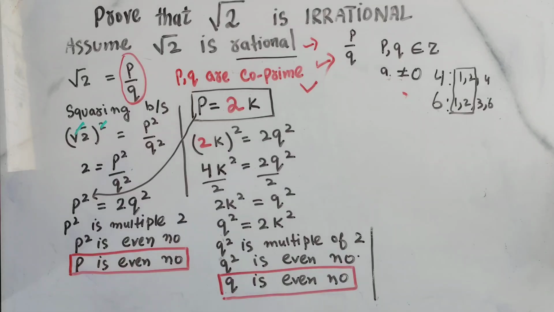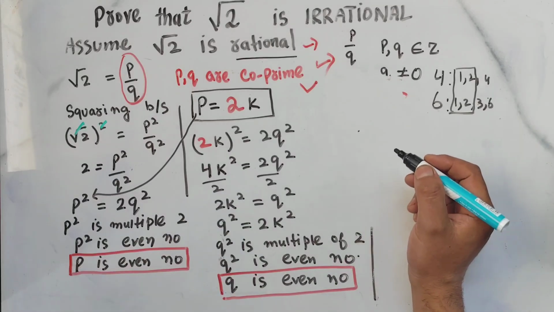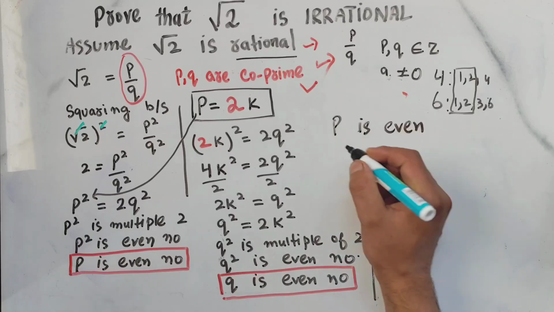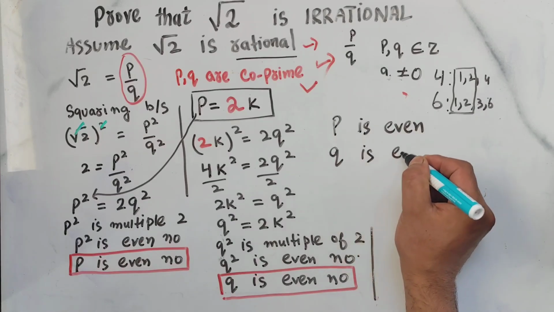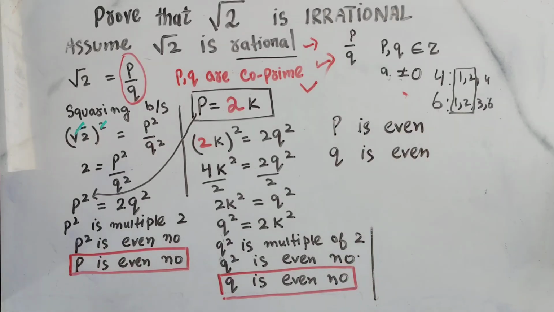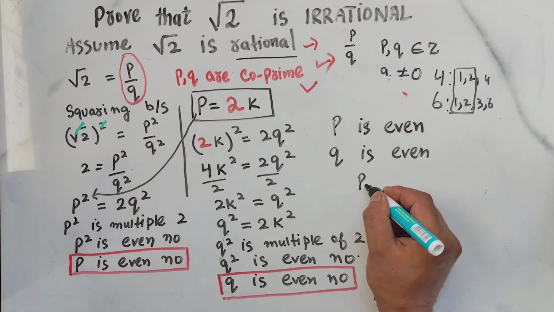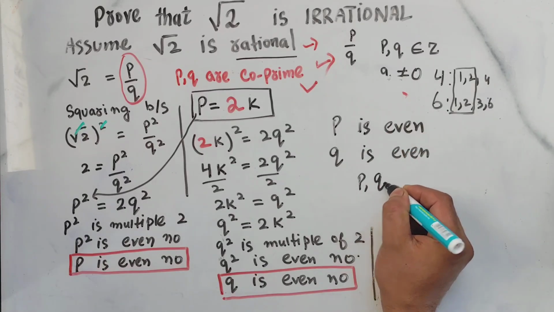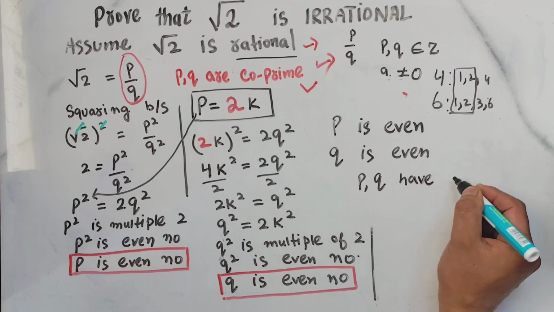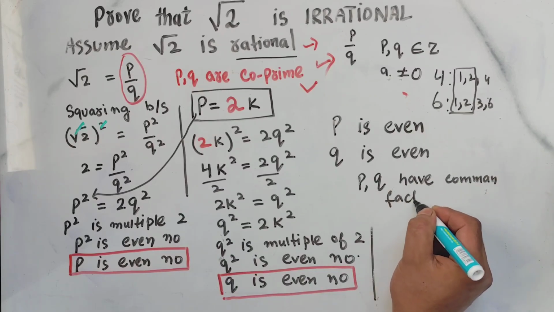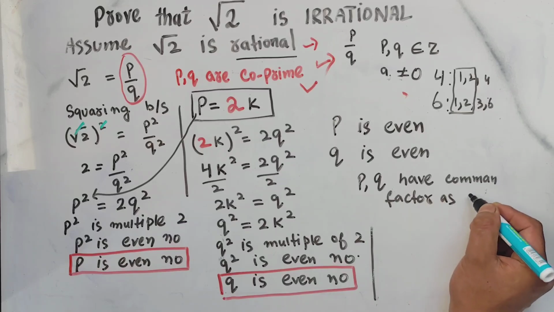We are saying that we got this result: p is an even number. So if p is even, q is an even number, obviously. That means p and q have a common factor 2.